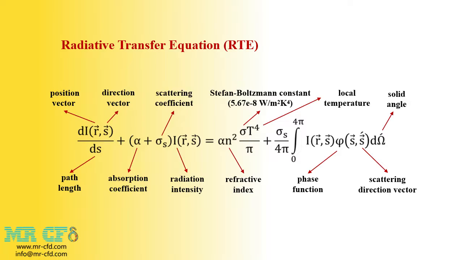The radiation intensity depends on the location and direction. The index of refraction is taken into account when considering radiation in a semi-transparent medium. Things like absorption coefficient, scattering coefficient, refractive index, etc. are defined in the section of determining the desired material properties in the software.